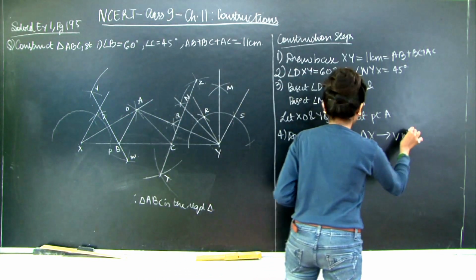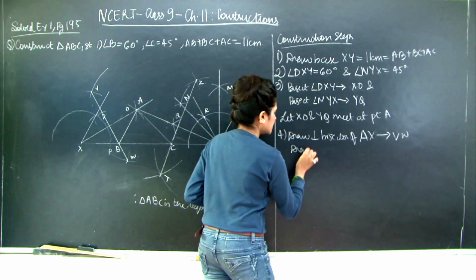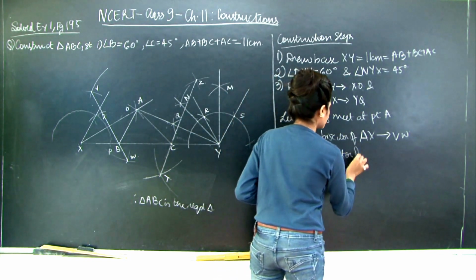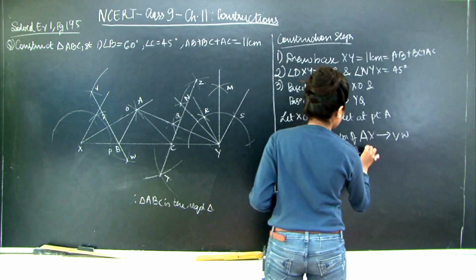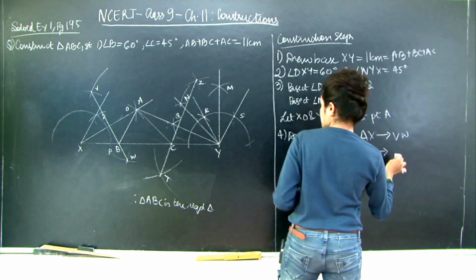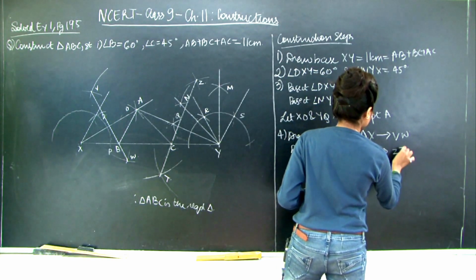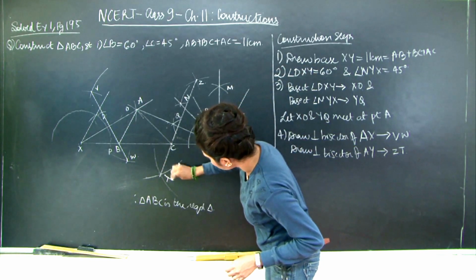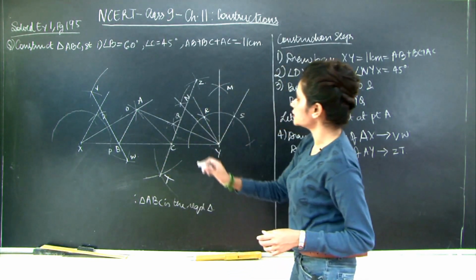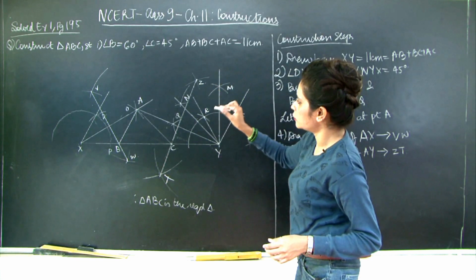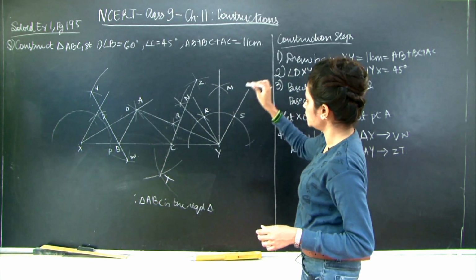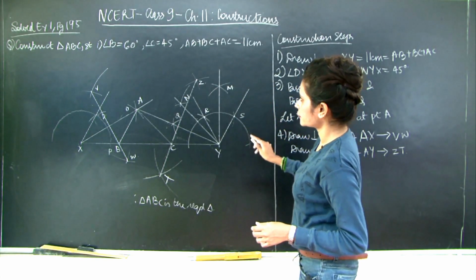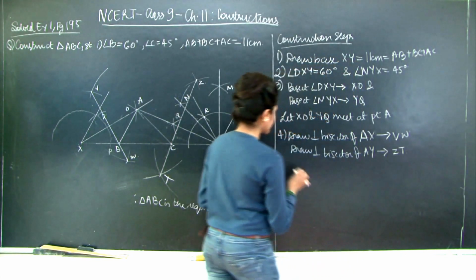So VW, and draw perpendicular bisector of AY as ZT. So I hope none of the alphabets are getting repeated. So I have V, X, D, W, B, P, A, Q, C, N, Z, R, M, S and Y. Okay, so nothing is repeated.